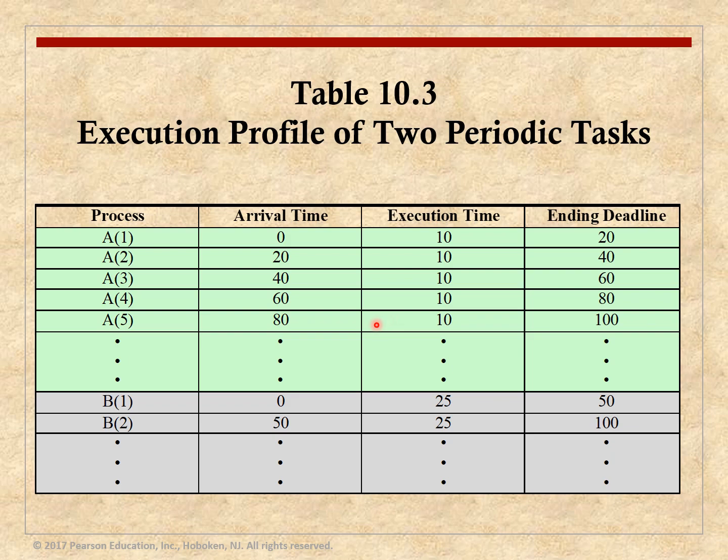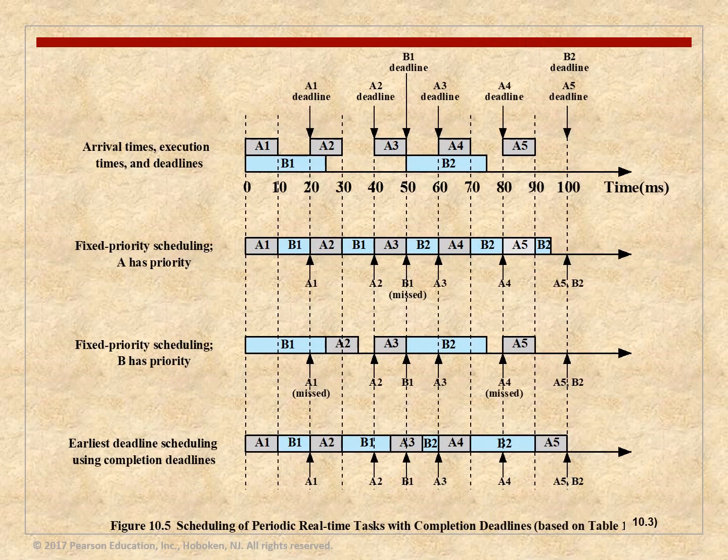By having this information, this slide shows us the scheduling of periodic real-time tasks with completion deadline. We put all the information like this: A1 arrives at time 0, and the execution time is 10, so it requires 10 time units. Then A2 arrives at 20 and requires 10, so we put all in the table.